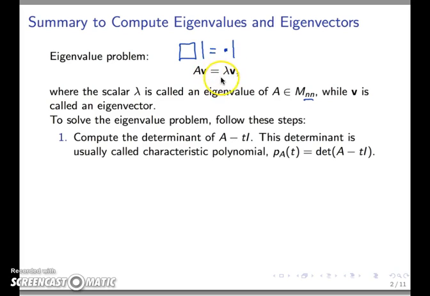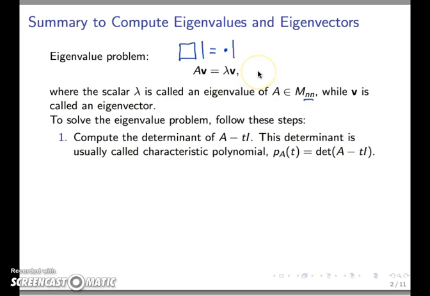Therefore, we're referring to scenarios in which the matrix is a given matrix, and then such a scalar and such a vector exist. So we have to think of this vector and that scalar as some kind of team or companions. They are teammates, right? They come together even though one of them is a scalar and the other one is a vector. They have very different dimensions, if you will.